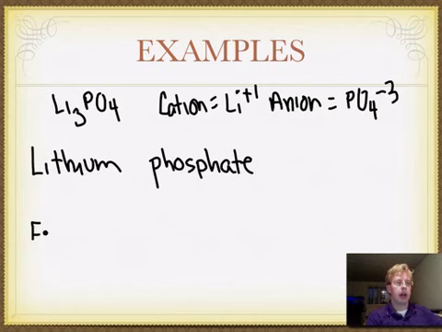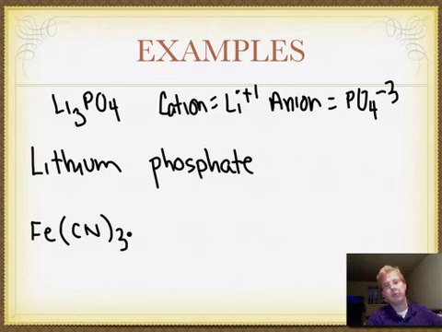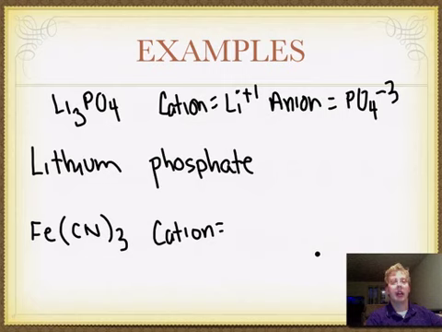Let's take a look at this last one here. Now if you look at your chart, is iron one of my transition metals? In this case, iron is. It could be a +2 or it could be a +3, so I don't know the charge of that yet. But then I've got, in parentheses, CN, and I've got 3 of those. CN is a polyatomic ion because it's got more than one element involved, and we know that it's cyanide.